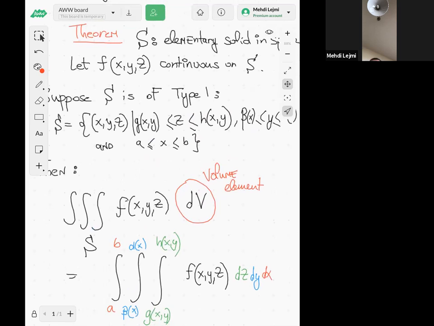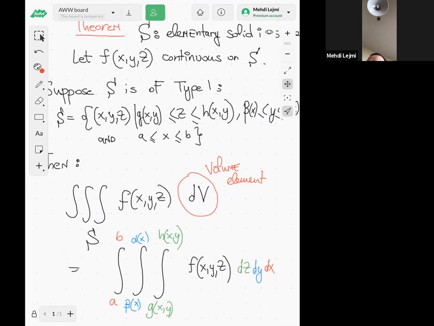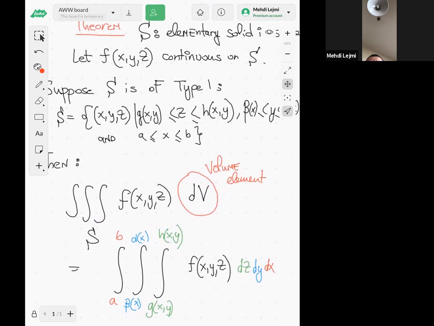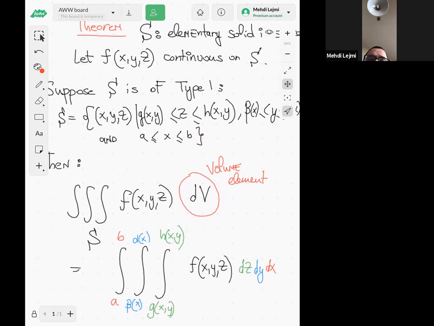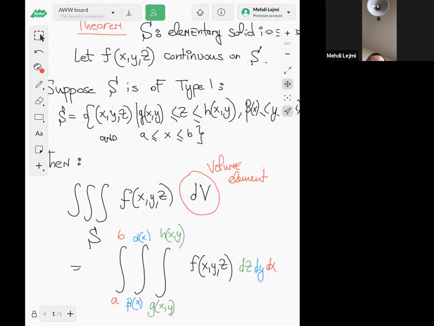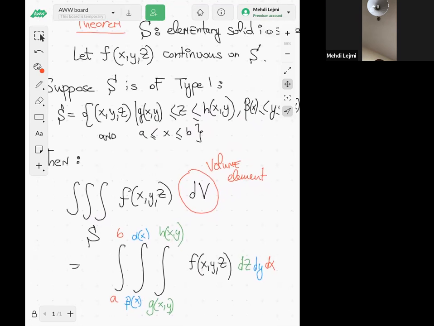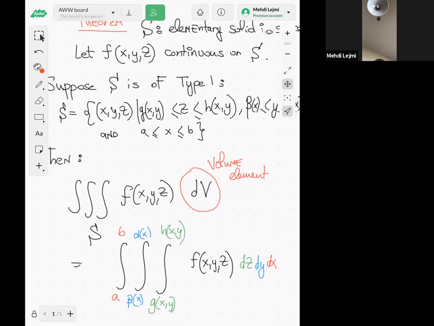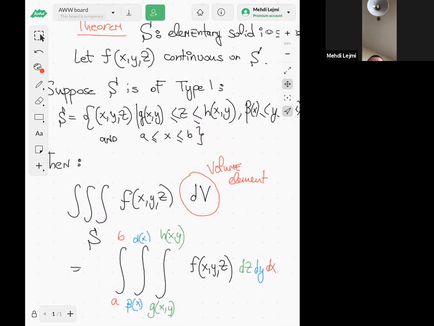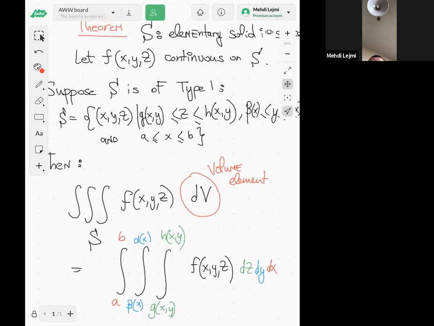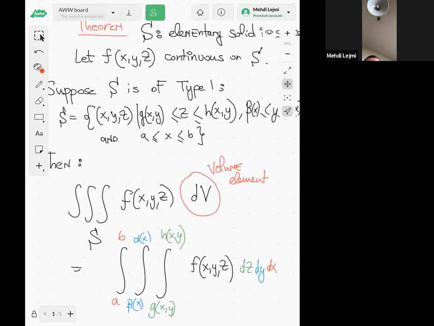Z between two functions of x and y, y between two functions of x, x between two constants, this case. The next case would be z between two functions of x and y, x between two functions of y, and y between two constants, and so on. I think I discussed this a little bit last Tuesday. So we have six different situations.